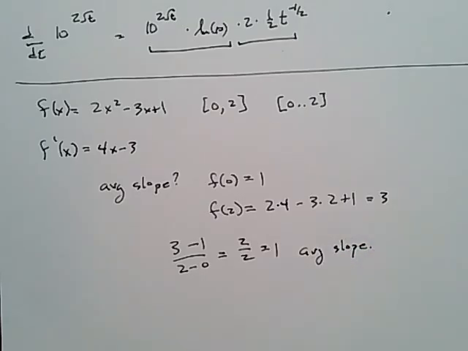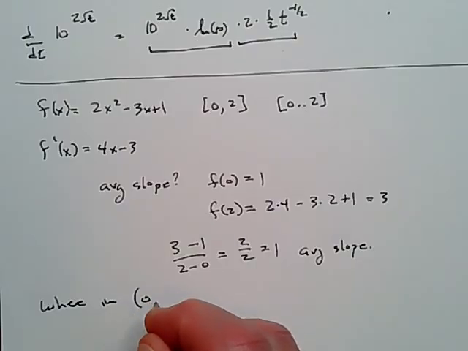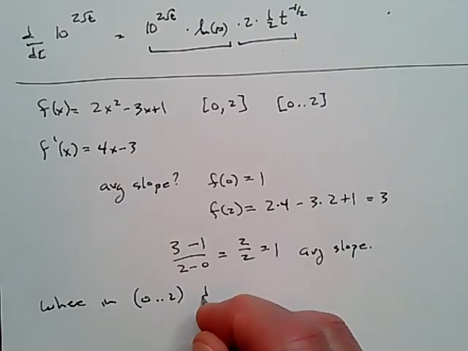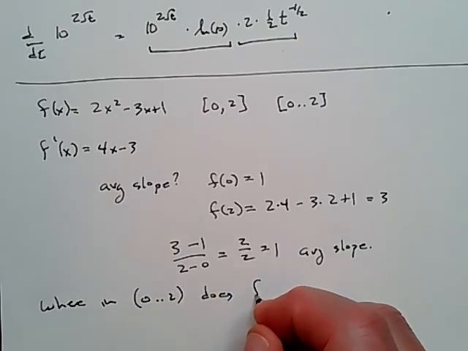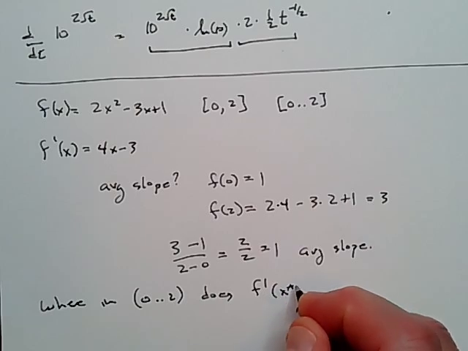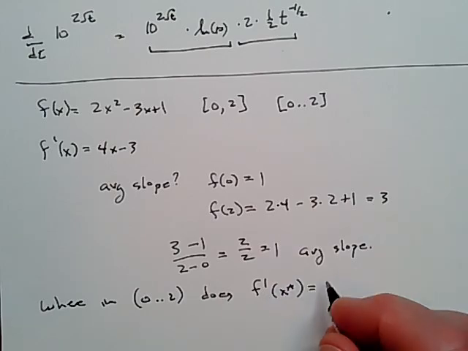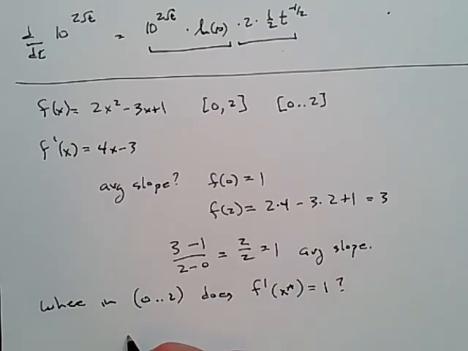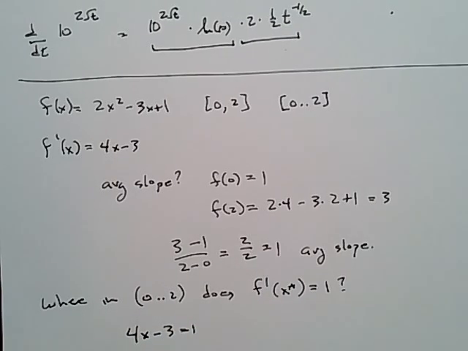Okay, so I'm looking for where f prime of x equals 1 in the range from 0 to 2. So of course I'm going to set 4x minus 3 equals 1. 4x minus 3 equals 1, and I get 4x equals 4.